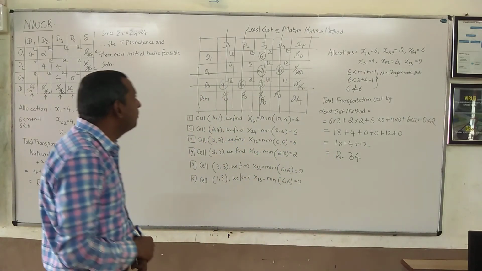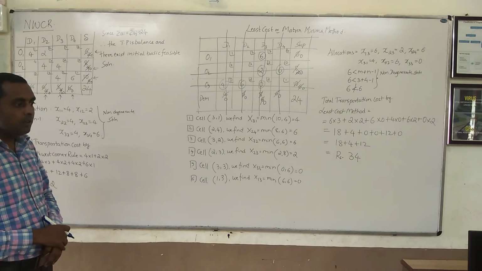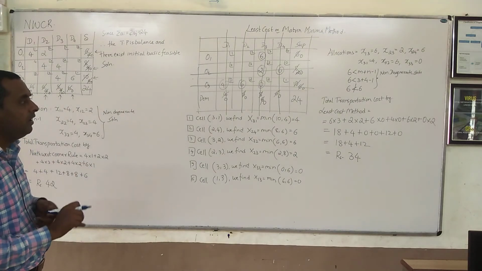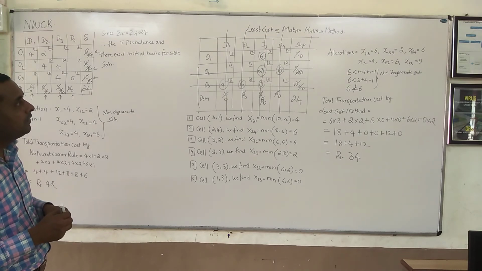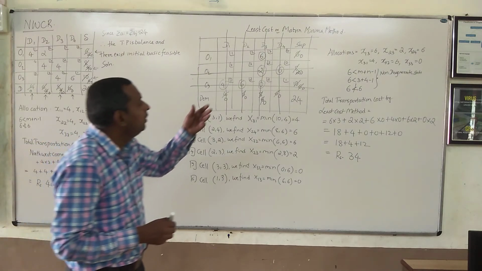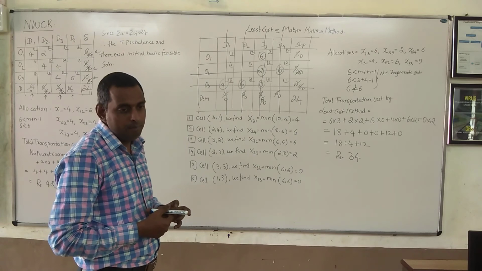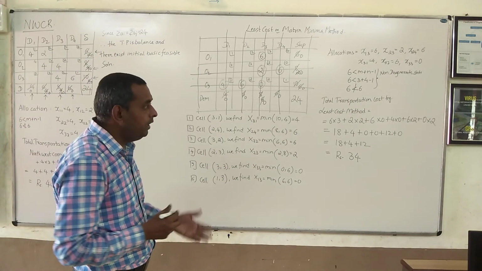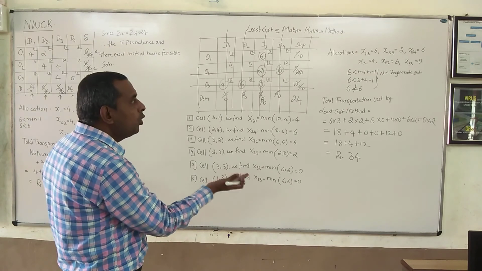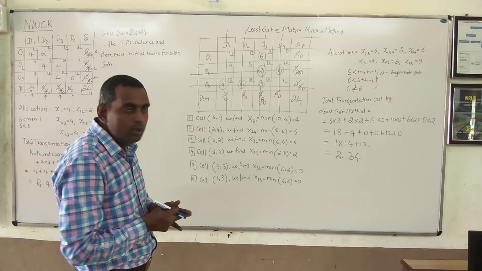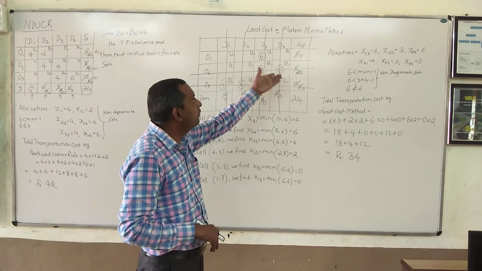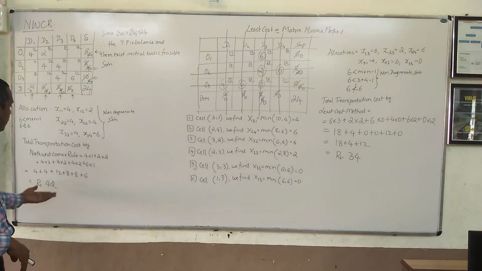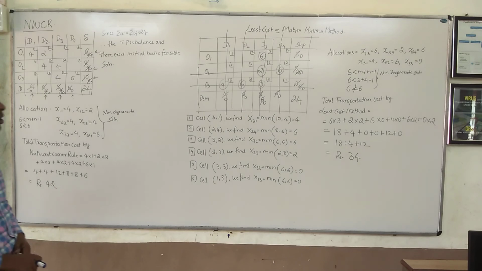Fine. So now comes the comparison between least cost and the northwest corner rule. We can say matrix minima method, this is the initial solution. Fine. It is not compulsory that both methods should have the same value. This is the initial basic feasible solution by least cost, and this is the initial basic feasible solution by northwest corner rule.